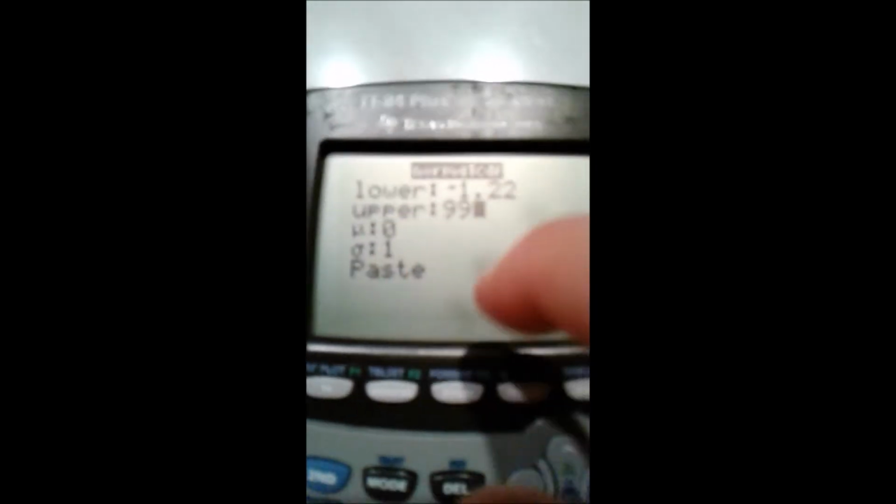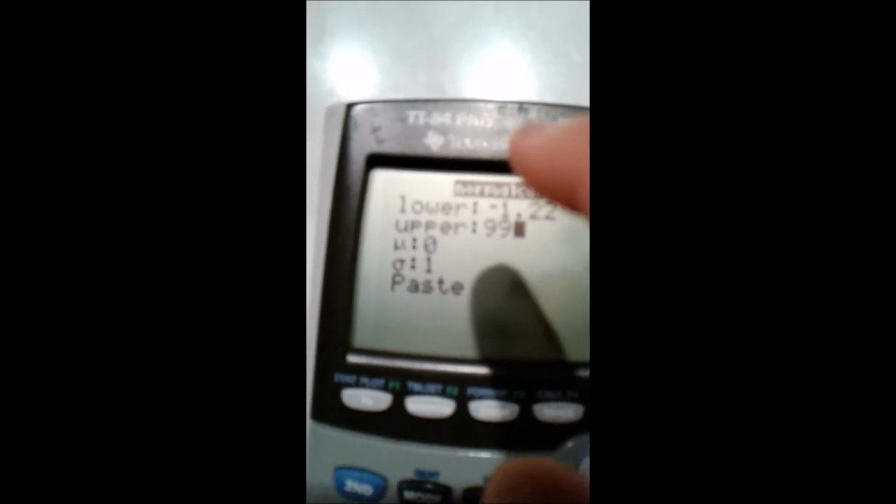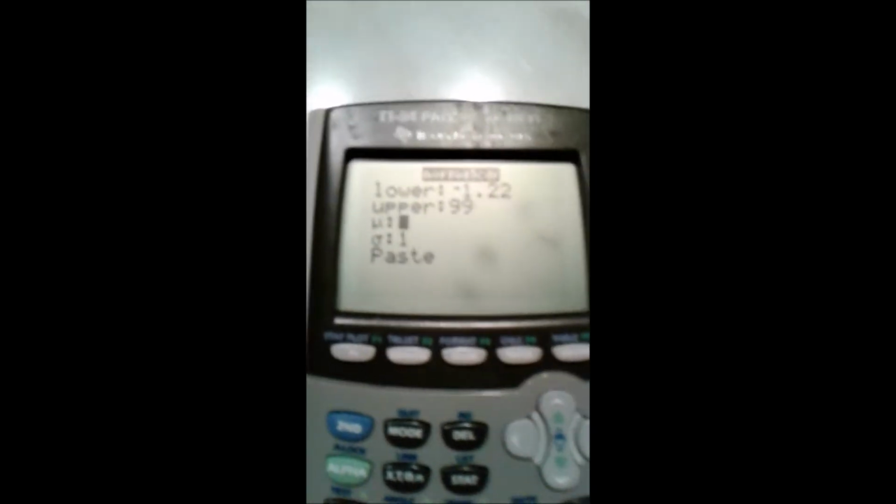If our z-score was a positive number, we would have put it in the upper value, and we would have put negative 99 in lower. Now, all you have to do is click enter a few times. Boom, that's your percentage. You just carry over the decimal 2 times, and then you have your percentage.